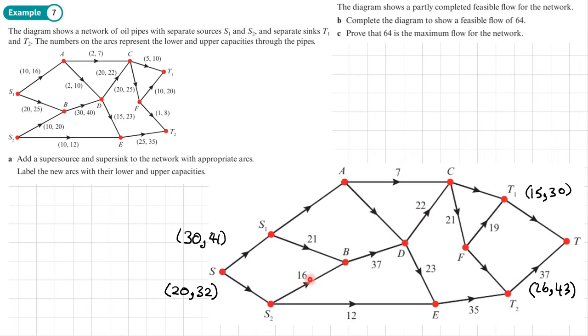So if I've got 16 and 12 flowing out of S2, using the conservation condition, I must also have the same amount flowing in. So this has to be 28 flowing in here. It's a feasible flow of 64. So that means that both S to S2 and S to S1 need to add up to 64. So I'm going to take 28 away from 64, and that gives a flow of 36 here.